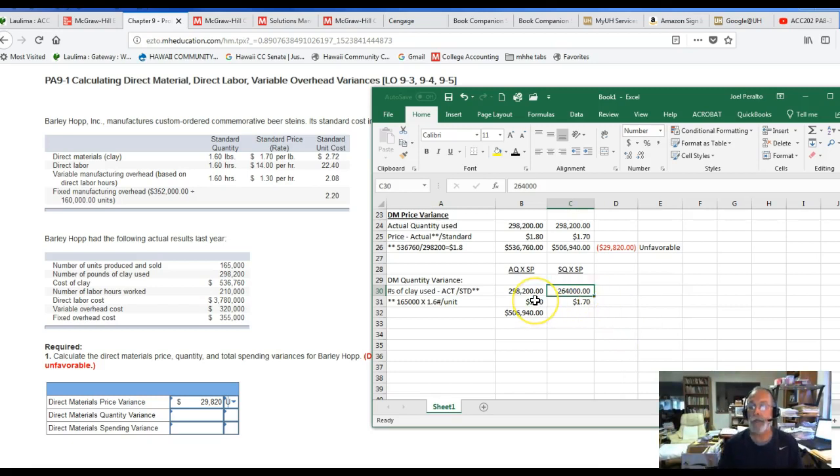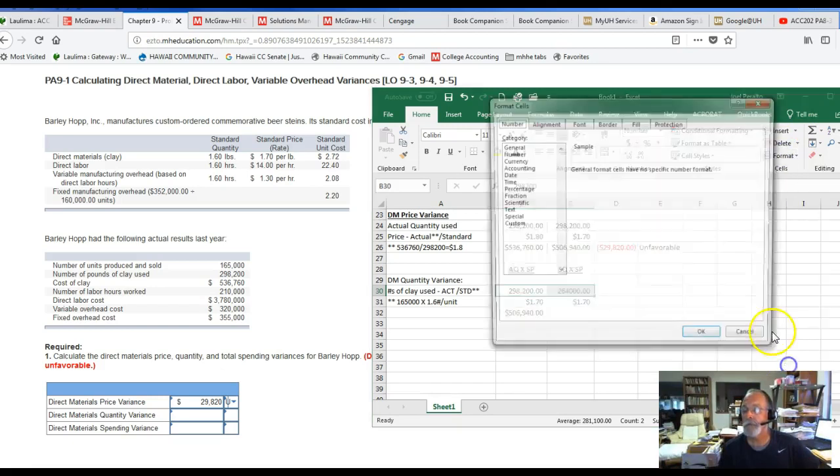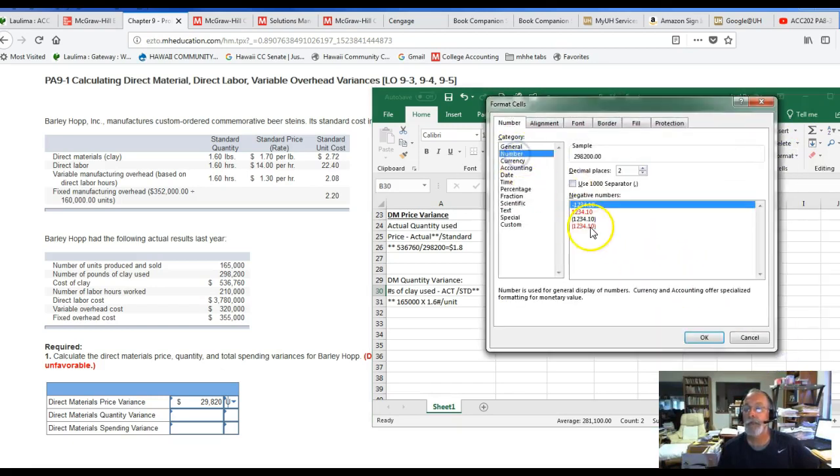So our actual quantity 298.2 versus our standard quantity, that formatting is different, and that could be a little confusing if we have different formatting.